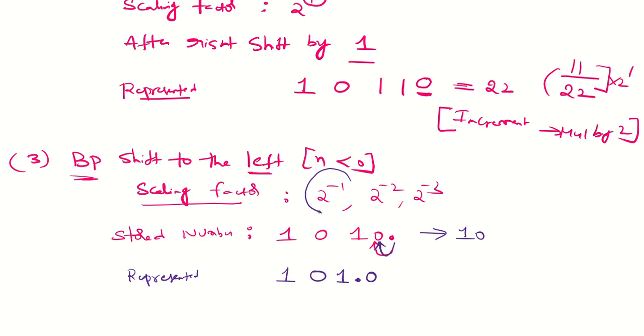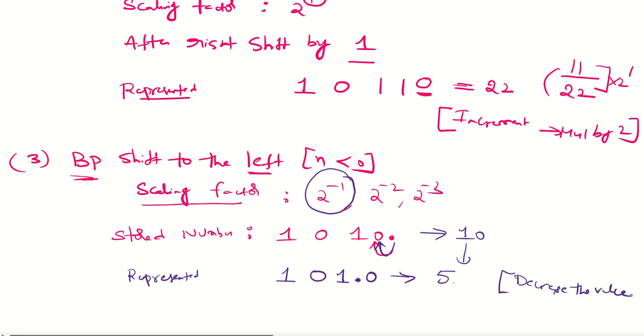One position is shifting towards the left side. The value becomes half of the given number, so the value should be 5. So how does the 10 become 5? It simply decreases the value. It decreases the value by dividing by 2.